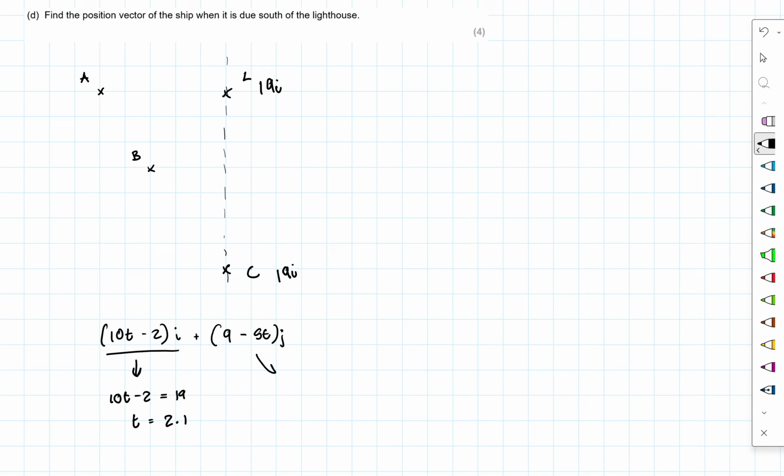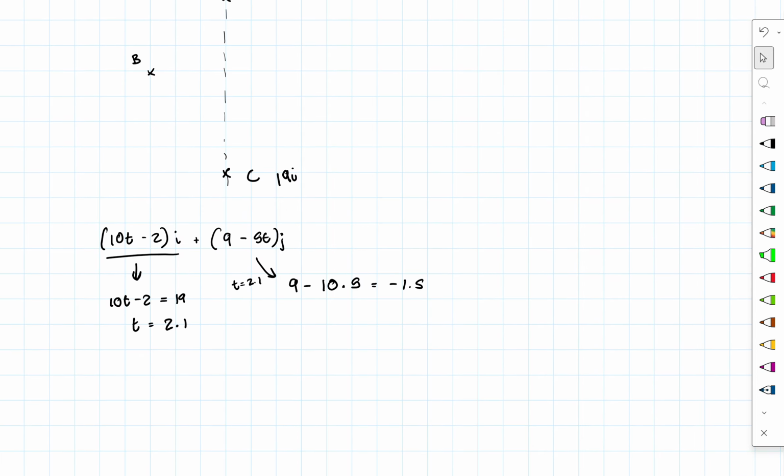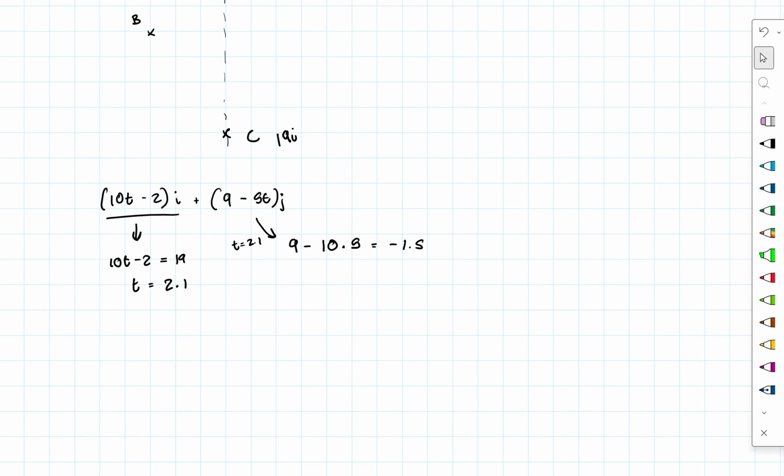And so here I'll just set t equals 2.1. And that gives me 9 minus 10.5, which equals negative 1.5. So my position vector, which is what I'm looking for, is 19i minus 1.5j.